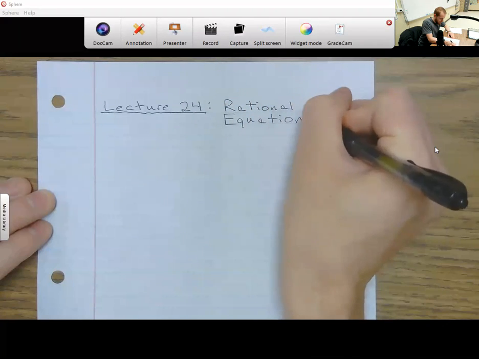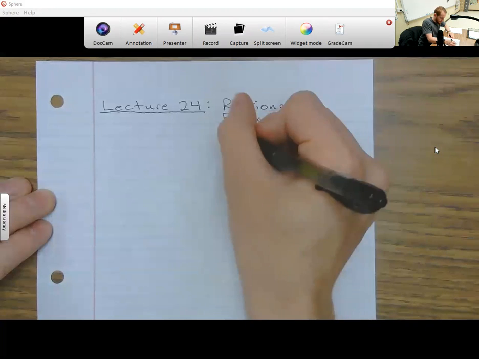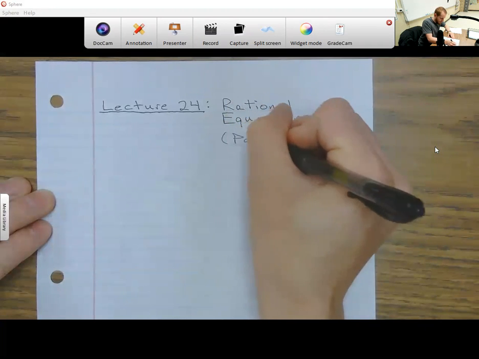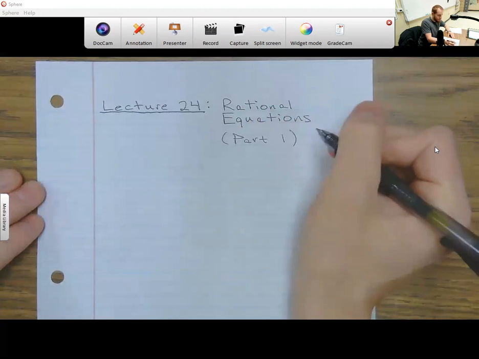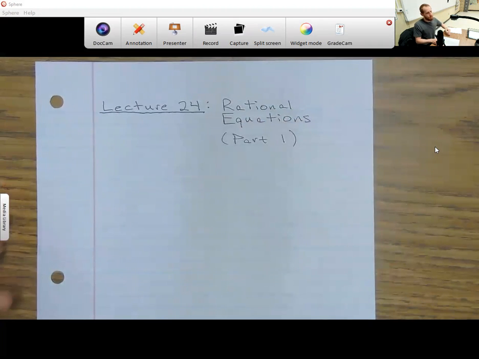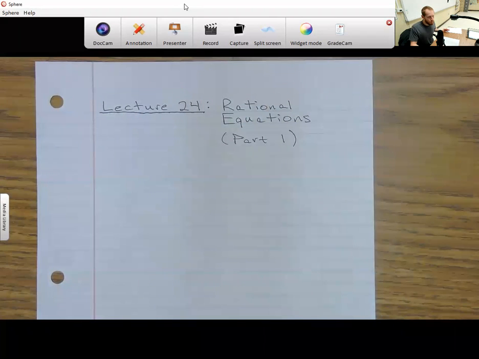Okay, rational equations, part 1. First of all, this is kind of an extension of last week when we talked about radical equations, and right under that SOL point is another objective in the Algebra 2 SOLs called the rational equations.